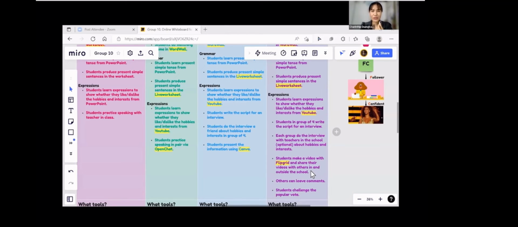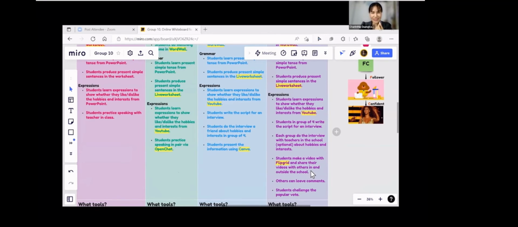We recommend using Flipgrid because it is a safe platform created by Microsoft, which is available for use in the education field. It allows students to either record and submit a video directly to the topic that teachers set up or to their profile.